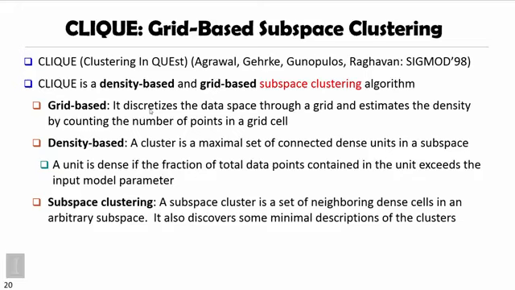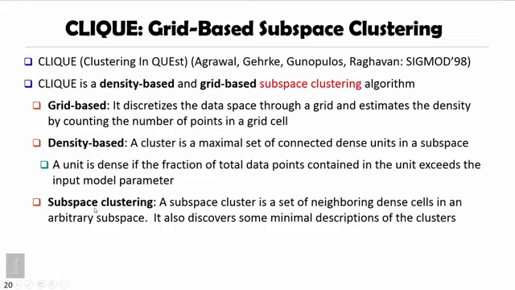Because a cluster is a maximum set of connected dense units in a subspace. That means a unit is dense if the fraction of the total data points contained in the unit exceeds a certain parameter. Then you try to connect those dense units into a structure, into a cluster. That means it is density-based.